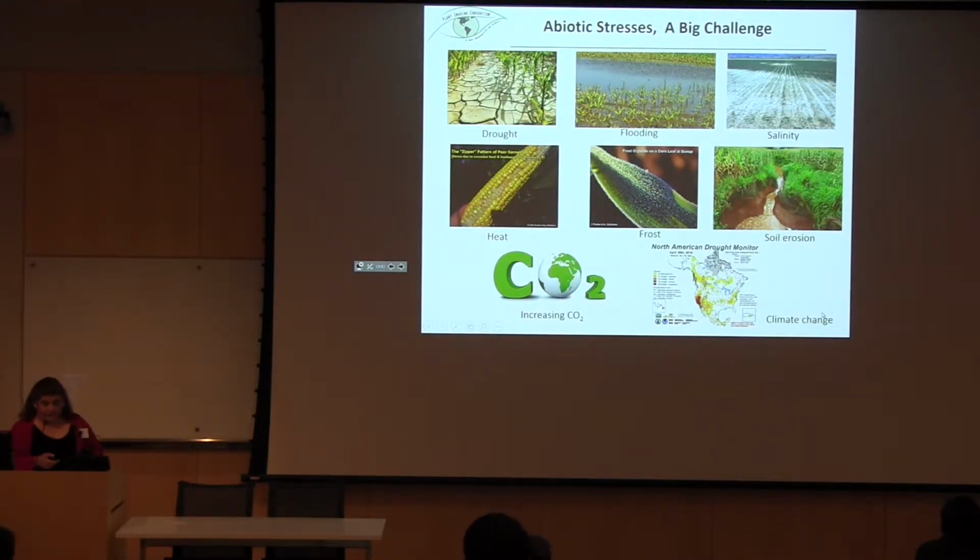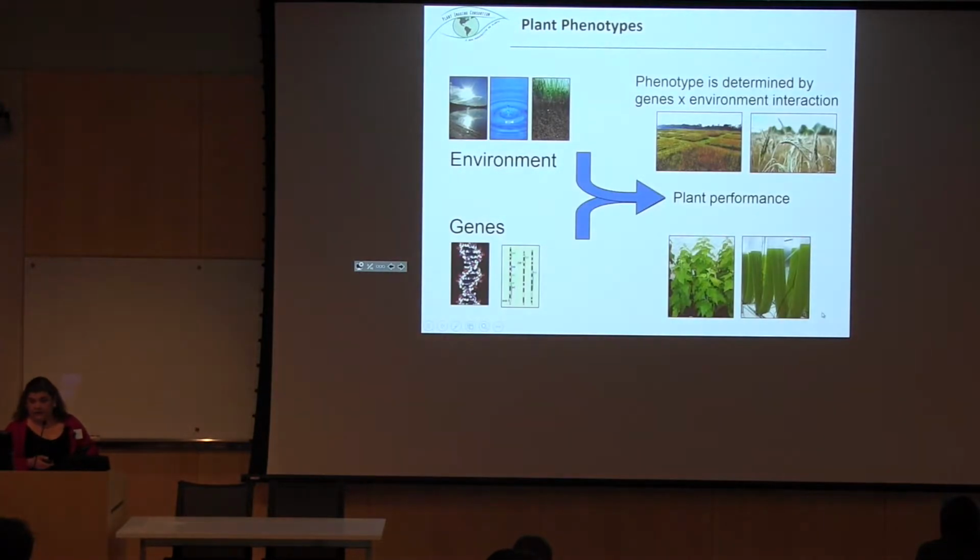Okay, so I'm pretty sure that I'm preaching here to the choir. All of these abiotic stresses and also, of course, biotic stresses present a big challenge to agriculture, and we need better ways to measure plant performance and this interaction, the genes by environment interaction.